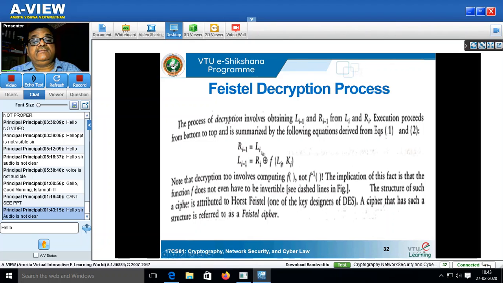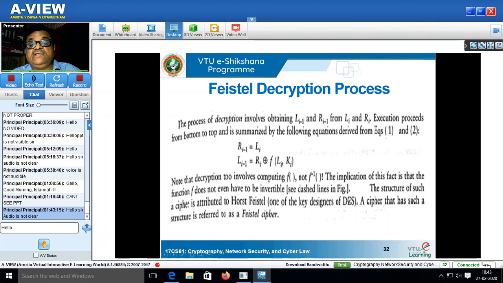R(i-1) equals L(i), and L(i-1) equals R(i) plus the function of L(i) and K(i). Note that decryption also involves computing the function, not the inverse of a function.